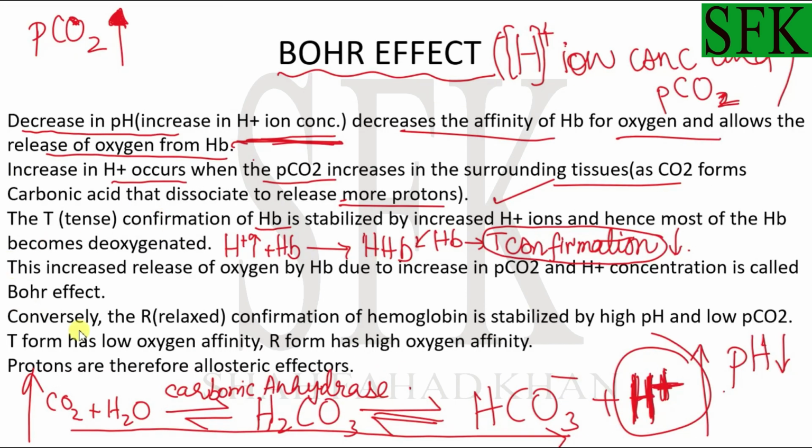Okay, so let's move forward. This is what this sentence meant. And then the increased release of oxygen by hemoglobin due to increased partial pressure of carbon dioxide and H positive ion concentration is the Bohr effect. All right.